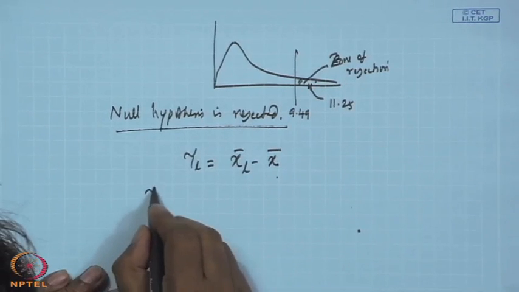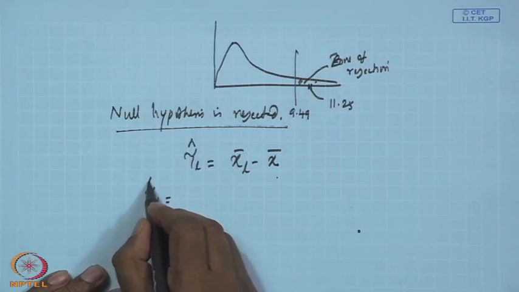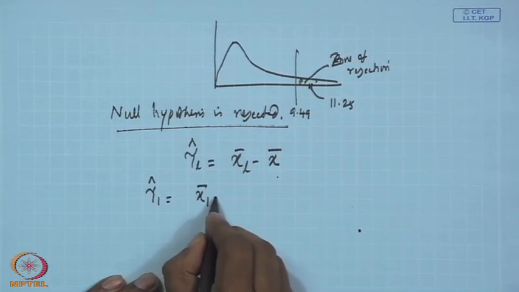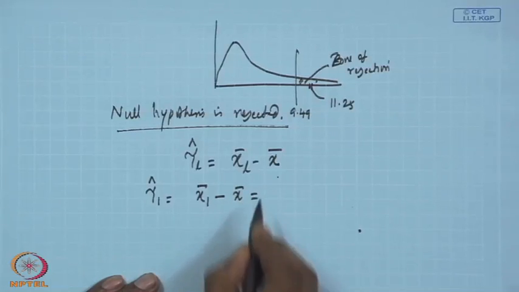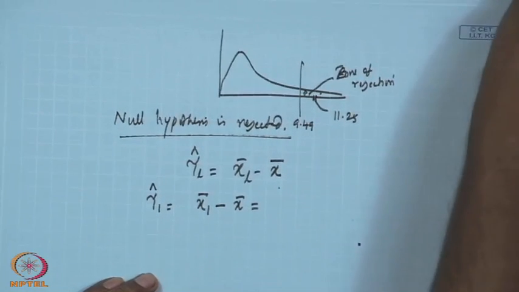So, if you want to compute tau 1, if I say this is the estimated value, then you have to write down x 1 bar minus x bar. I think we have already seen the x 1 bar and x bar values, they are there with you. Yes.